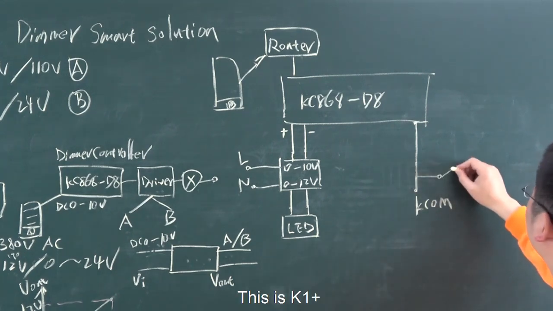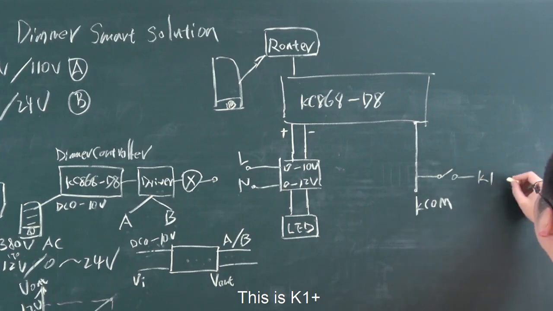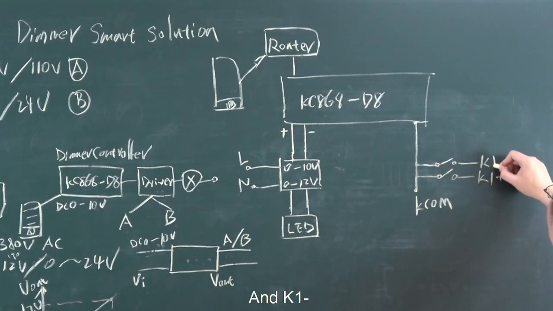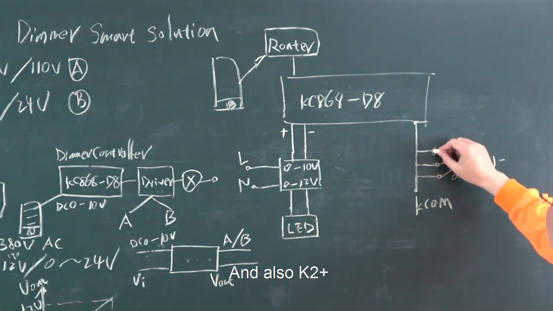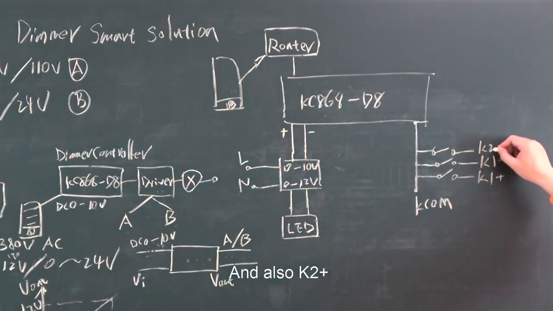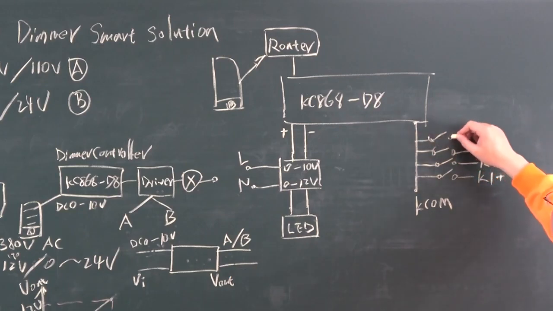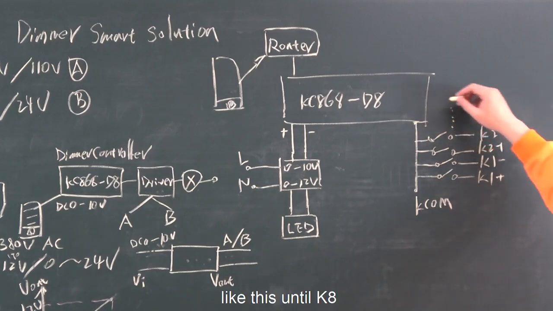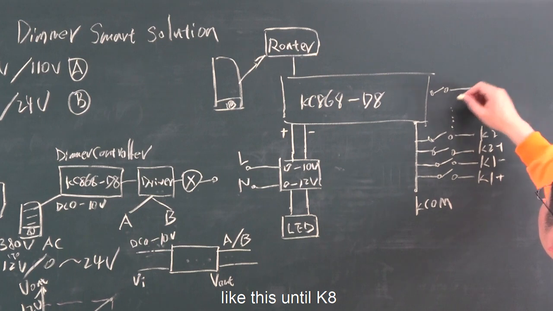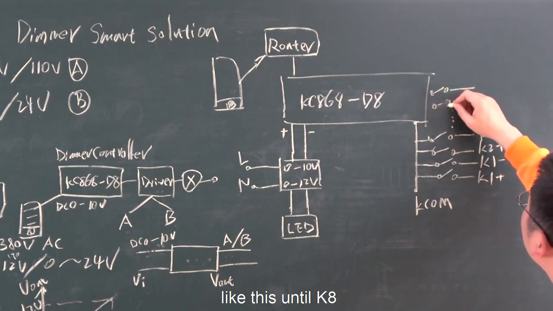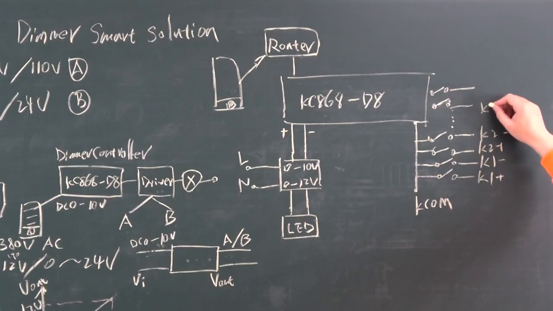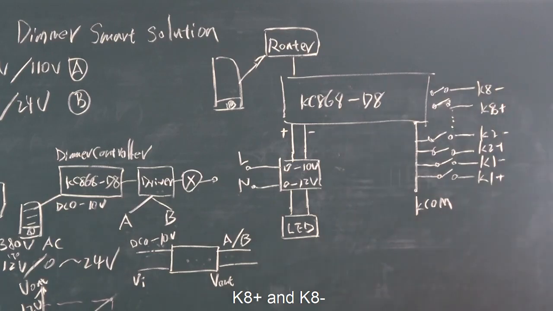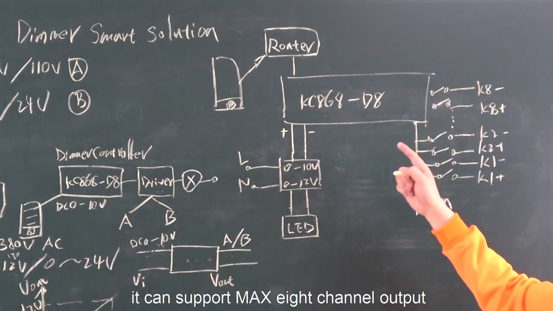This is K1 up and K1 down, and also K2 up, K2 down, just like this until K8 up and K8 down. So you can support a maximum of 8-channel output.